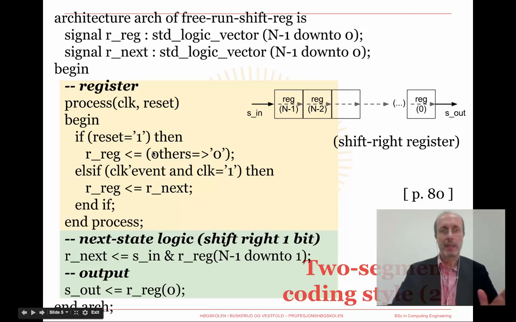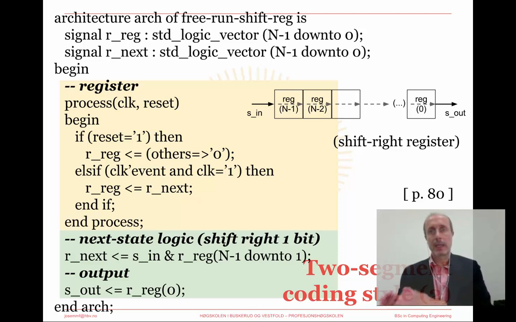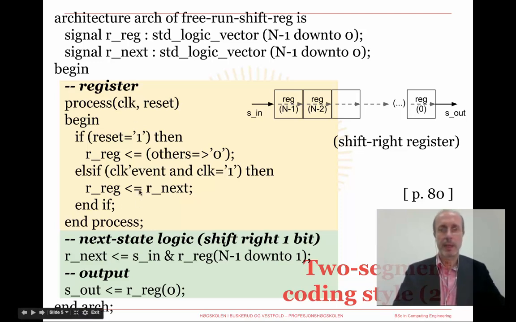So please notice that this description will be exactly the same if we are designing a counter instead of a shift register. This is one of the advantages of the two-segment coding style, because it improves clarity so much, and in fact you will see that the difference from one type of circuit to another is defined by the combinational logic segment, which in this case comprises two statements, one for the next state logic and the other one for the output logic.